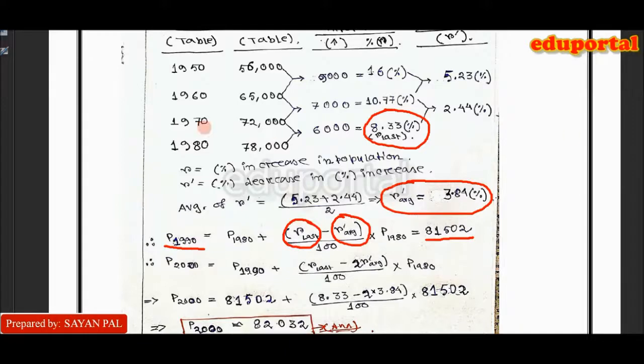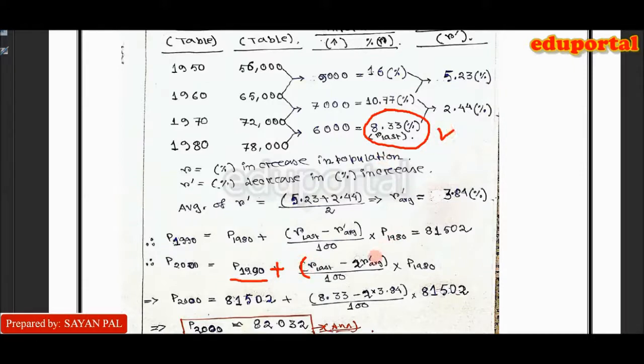Now we have to determine the population for 2000. The population for 2000 is the population for 1990 plus, r last minus 2 into r dash average, divided by 100, into the population of 1990. Why 2? Because from 1980 to 2000 it is 20 years, that means 2 decades.